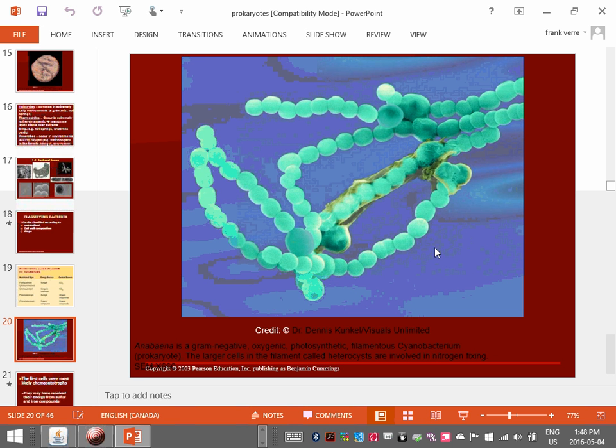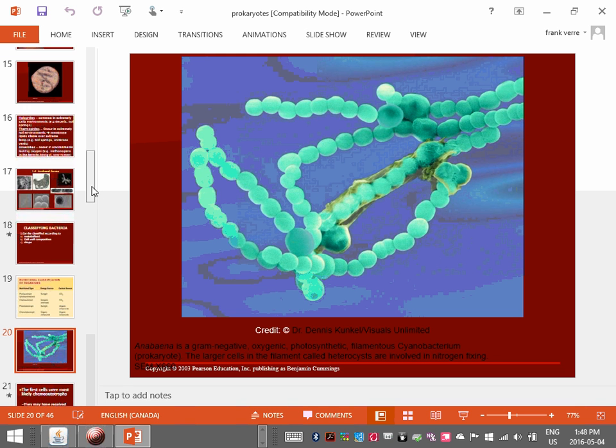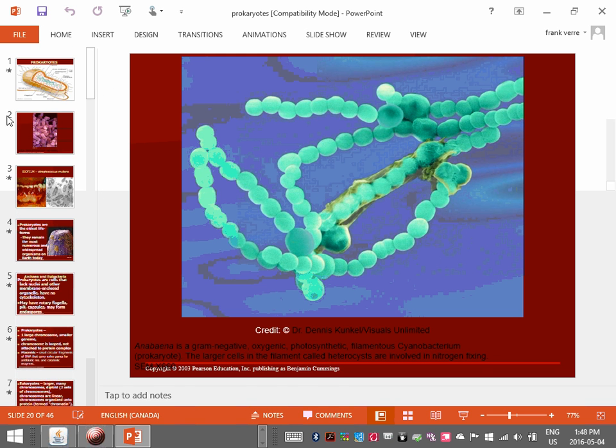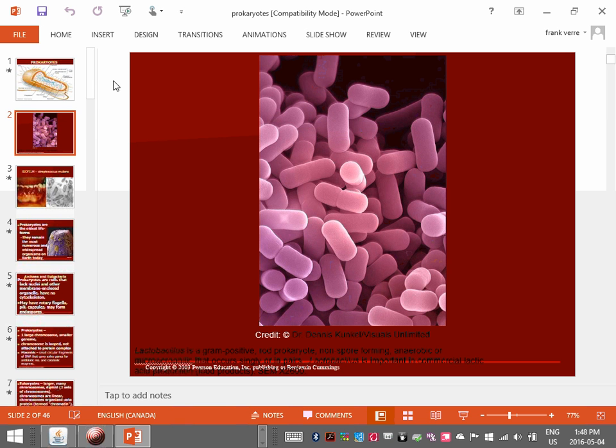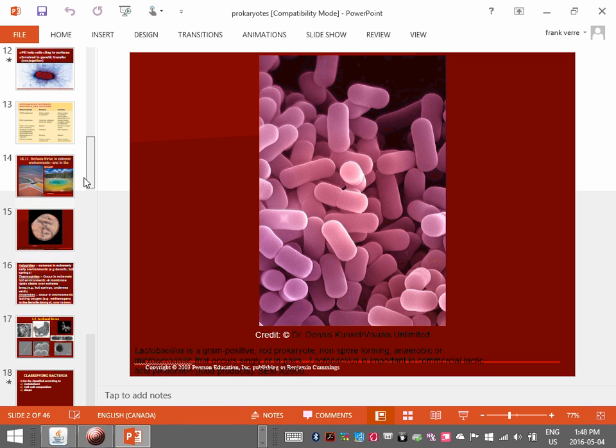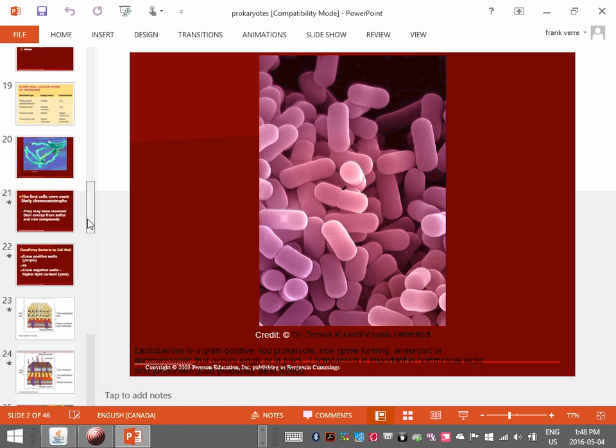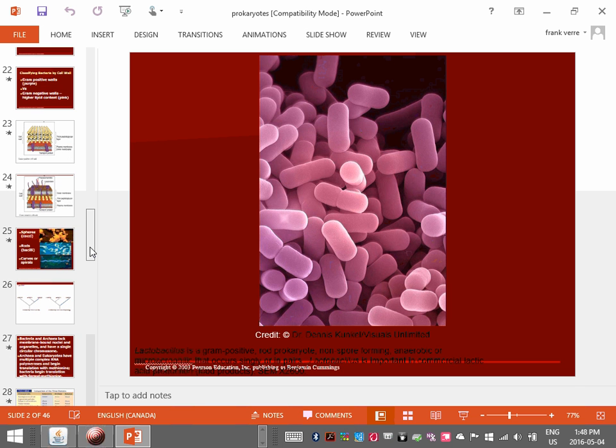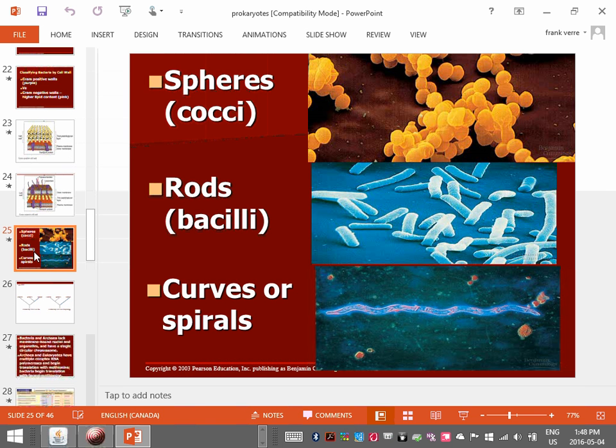It's either going to be circular or rod shaped. Remember the example I showed you first was a rod-shaped bacteria. There is another type, which is here, spiral shape. So here is circular, this is rod shape, and this is a spiral.